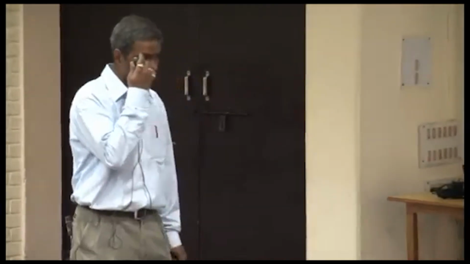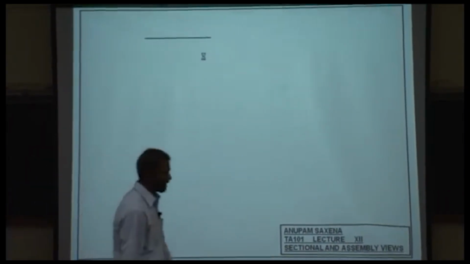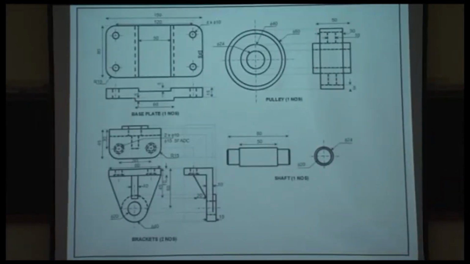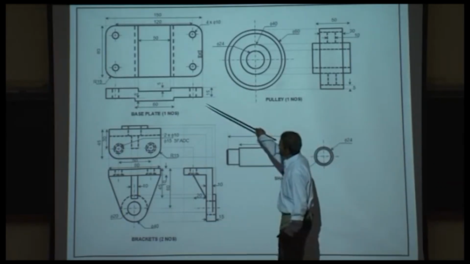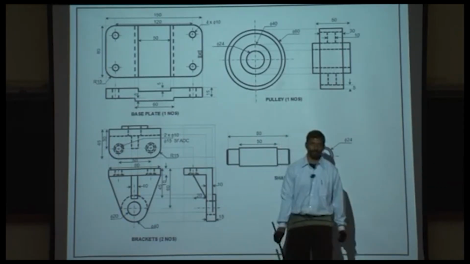I would want all eyes on the screen. Things are going to get nice and messy at the same time. Okay? So if you think about this, all you need to do when you're drawing the sectioned view of the assembly is to just cut and paste the respective front views.